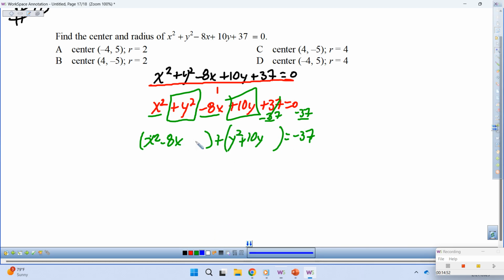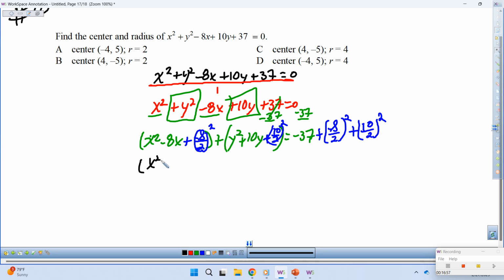And now we complete the square. How do we complete the square here? That's (-8/2)². And whatever we do to one side, we do to the other. Here, (10/2)². Do the same thing to the other side. Let's double check.